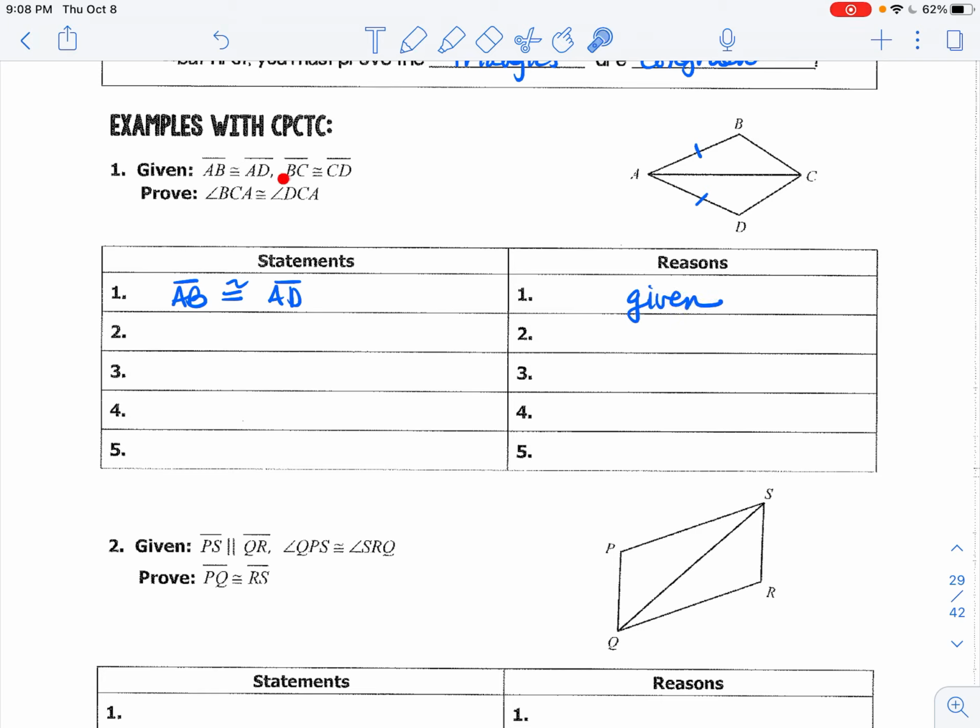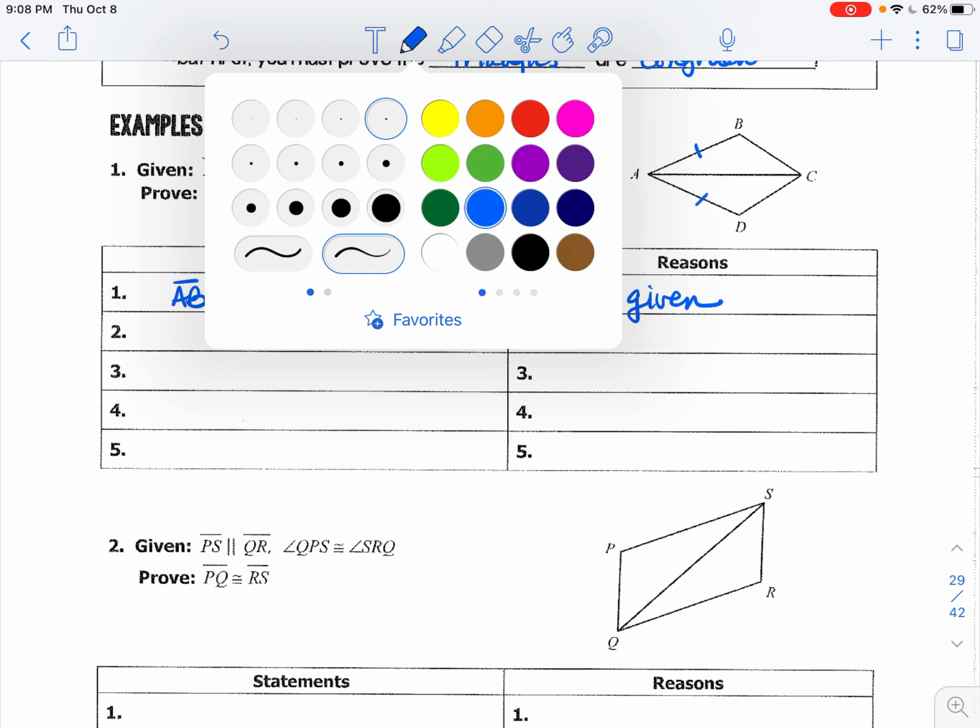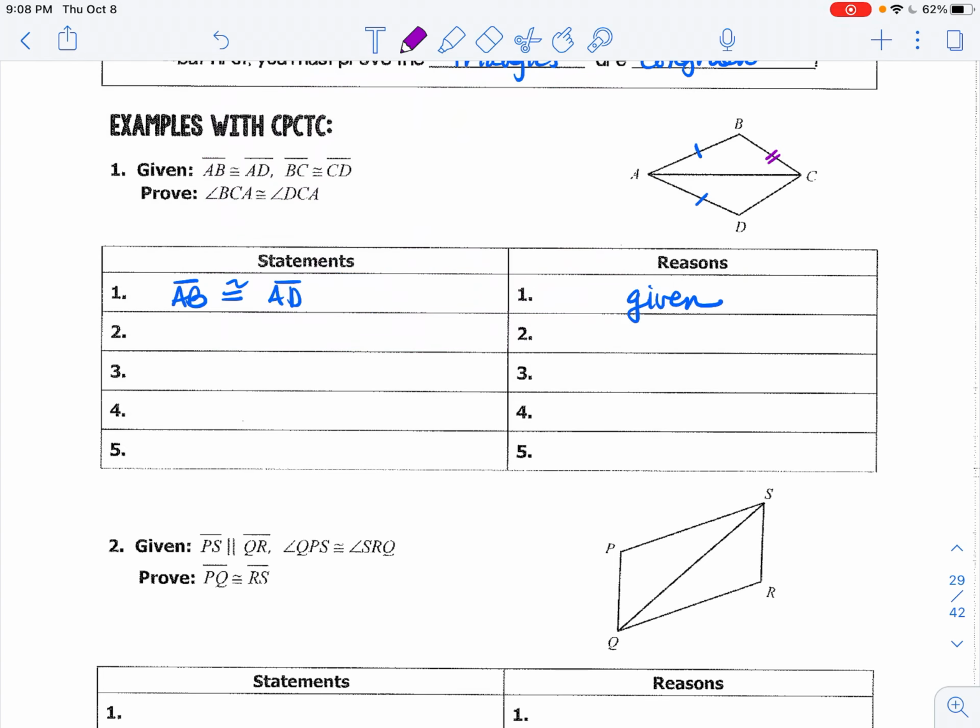Number 2, we're given that side BC is congruent to CD. So let's mark that on our triangle. BC, I'll use 2 little marks, is congruent to CD, and that statement is also given to us.